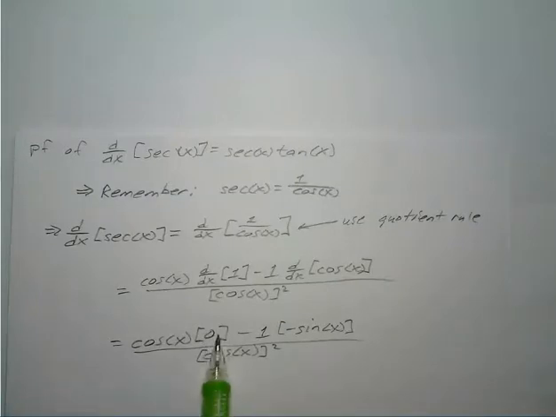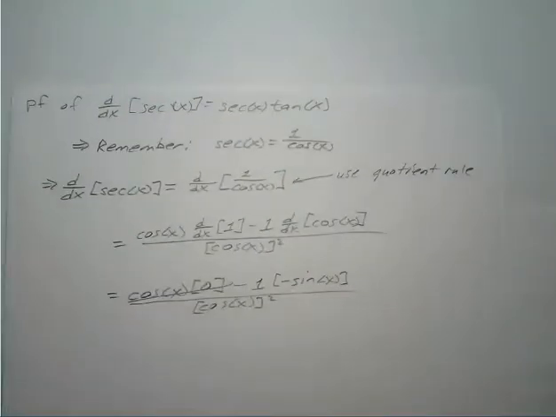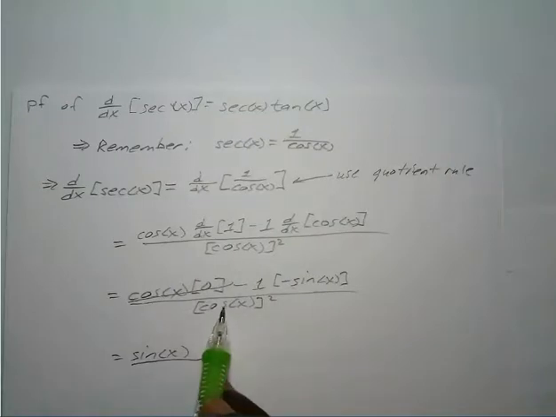Okay, so 0 times anything is just going to be 0, so that's going to disappear. Okay, so you have minus 1 times negative, so negative is positive. So that leaves you with sine of x over cosine x squared. We're just going to expand that to be cosine x times cosine x.